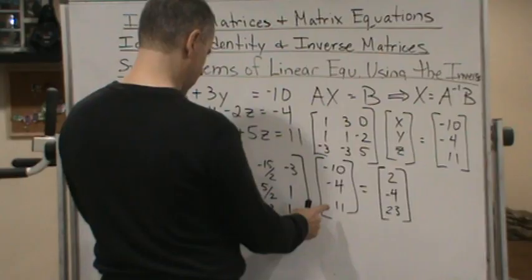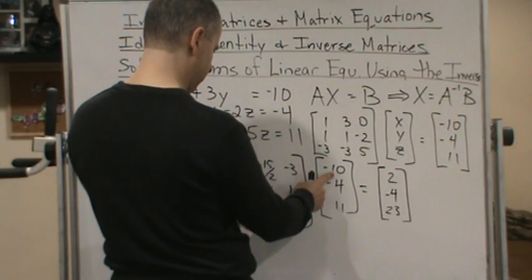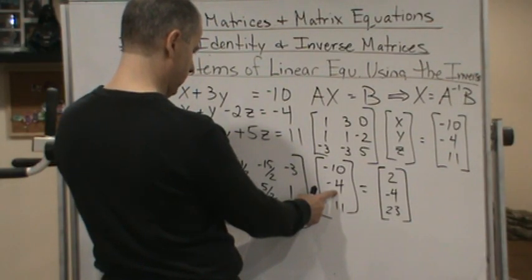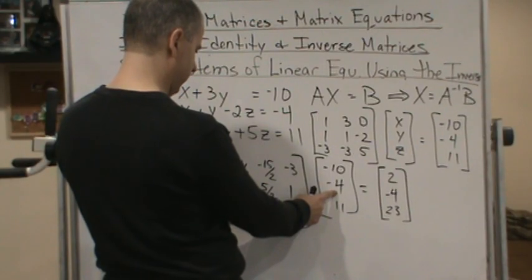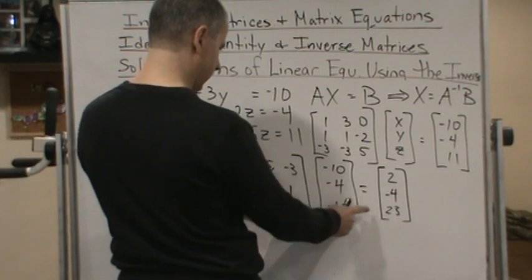Okay. And then 1/2, that's going to be negative 5. Negative 5, that gives me negative 10. Negative 15 plus 11 is negative 4.